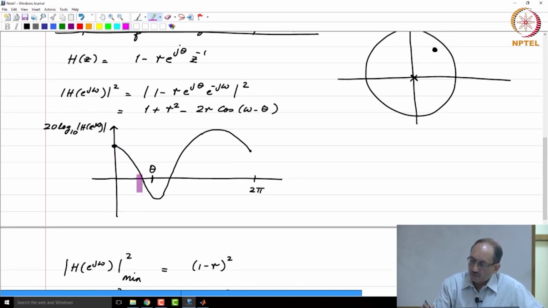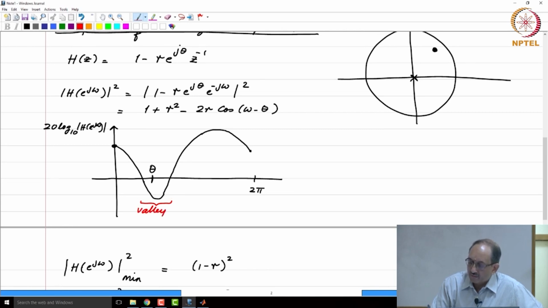So, note that on a linear scale this will be precisely a cosine, but on a log scale you have this, and all our qualitative description of the frequency response will be based on the picture that we see on the log scale. And you see that on the log scale, this is the valley, this is contributed by the zero.